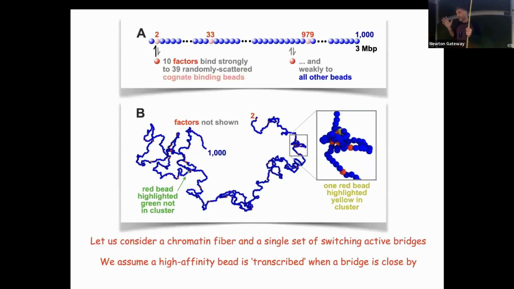We are going to start with a very simple model, exactly the same as we have seen actually, but we make just one more key assumption. So here we have a string of 1,000 beads, which is a toy model for 3 megabase pairs, so 3 million base pairs of chromatin. Each bead is 3,000 base pairs in this mapping to chromatin.